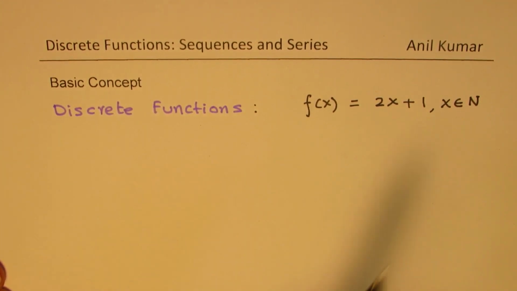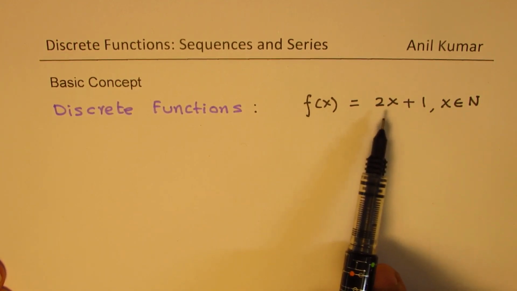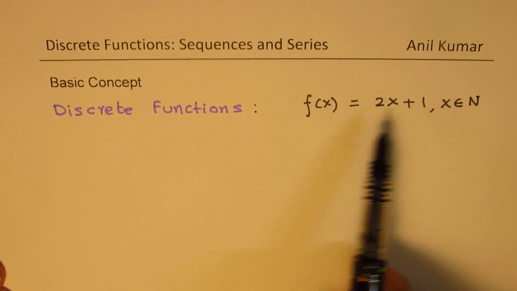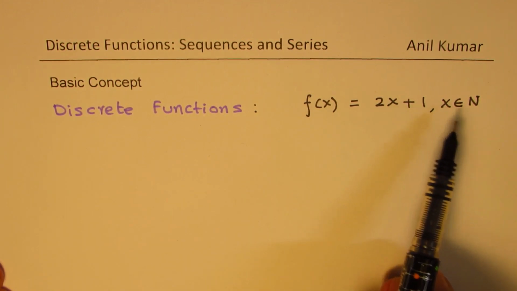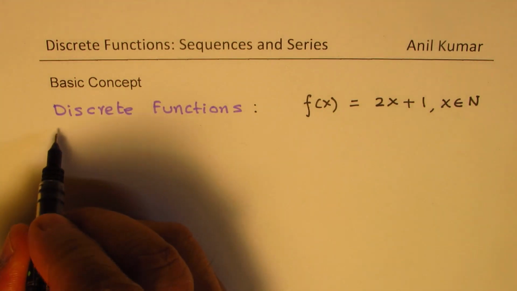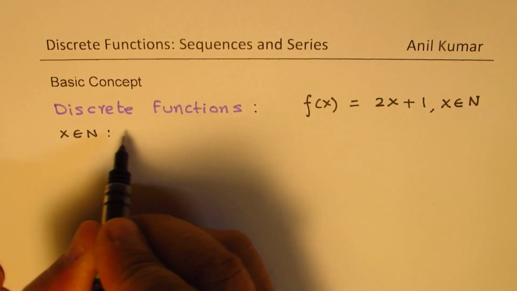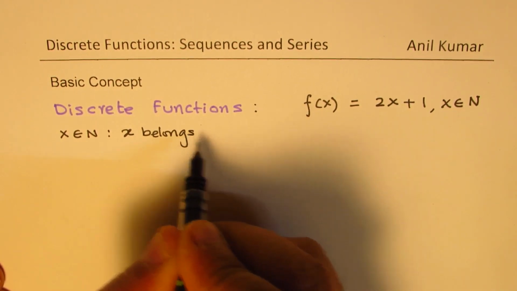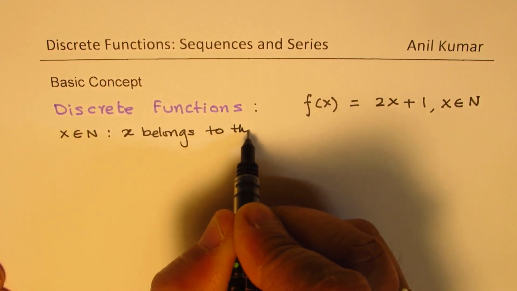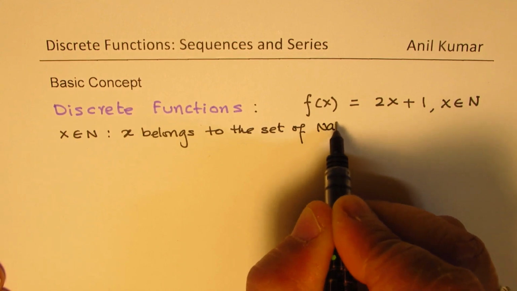Perfect. That is important. That means if I say first 5 terms, in that case you have to use the values of x as 1, 2, 3, 4, 5, right? So when I say x belongs to set of natural numbers, it means x belongs to the set of natural numbers.